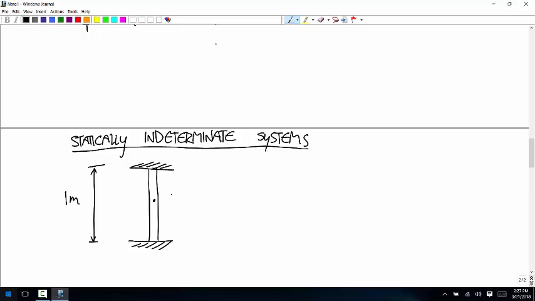And at the midpoint, we have a force of 20,000 newtons. And let's say that the cross-sectional area of this object is 0.01 meters squared. We want to know what are the reactions.